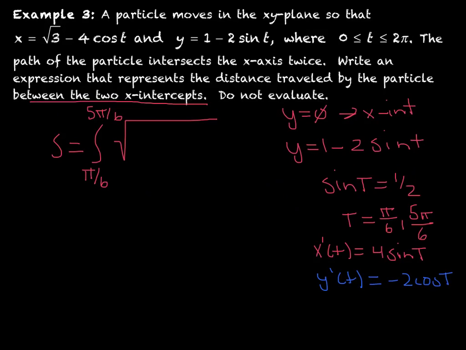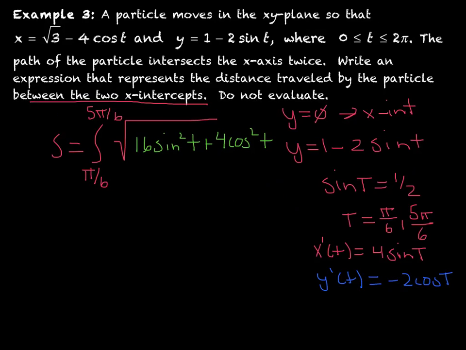And x prime of t squared is going to be 16 sine squared of t plus y prime of t squared. That's going to end up being negative 2 times negative 2, you square that, it's going to be 4 cosine squared of t.